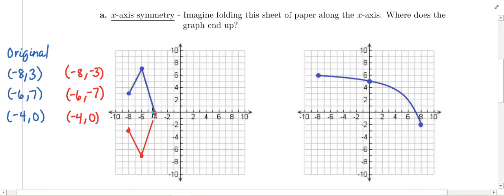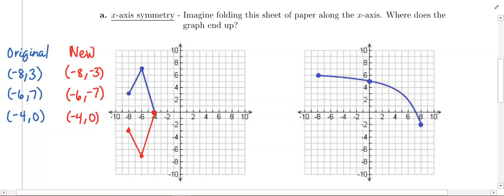So what I have drawn in red is the blue graph flipped about the x-axis. It's the x-axis symmetry that has been drawn in. If you fold the sheet of paper along the x-axis, the blue graph will lie directly on top of the red graph.